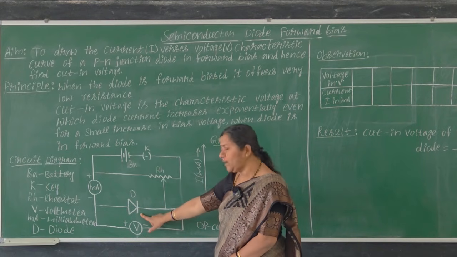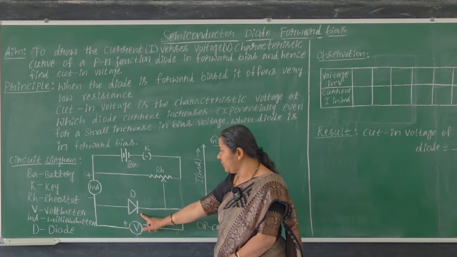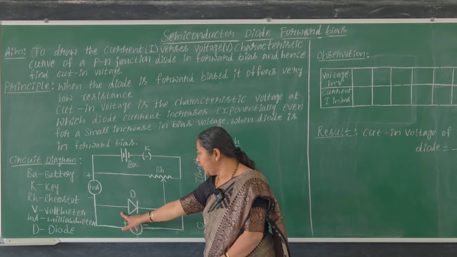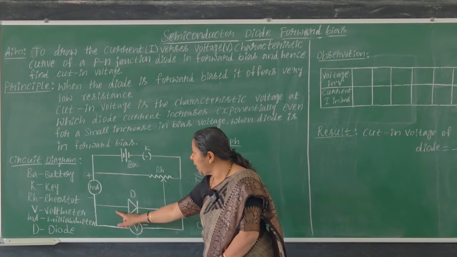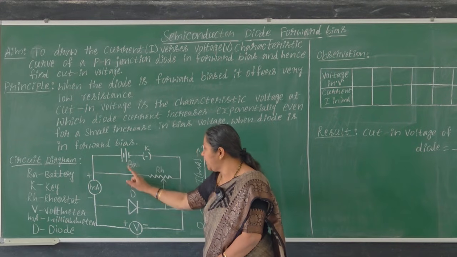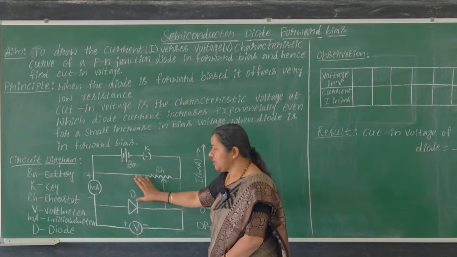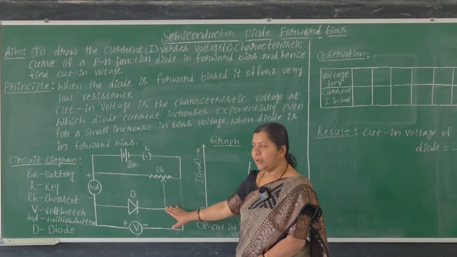See, this is the schematic symbol of a diode, which has a triangle followed by a straight line. The triangle end is the P end of the diode and this line is the N end. If we connect the P end to the positive end of a battery and the N end to the negative end of a battery, this type of connection we call forward bias of a diode.